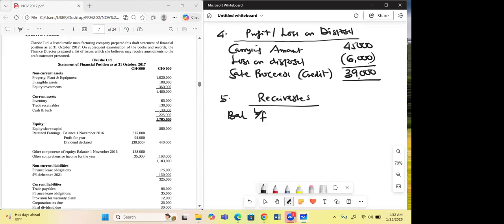So we have receivables brought forward of 130,000. Then from the plant sales in working 4, we got a further what? 39,000, right? Yes, sir. I can leave it.